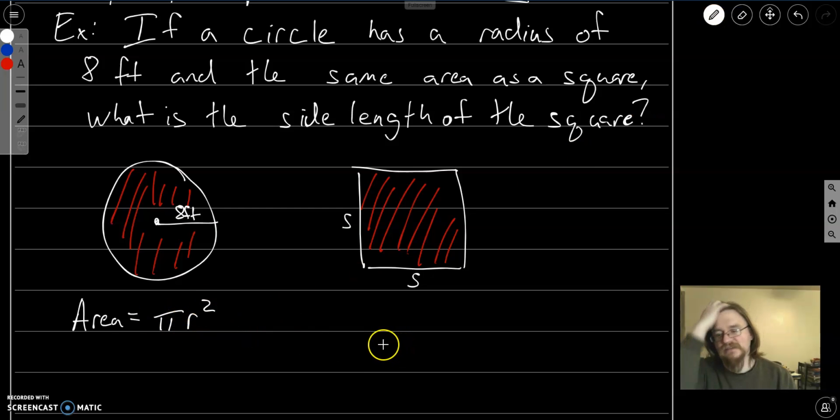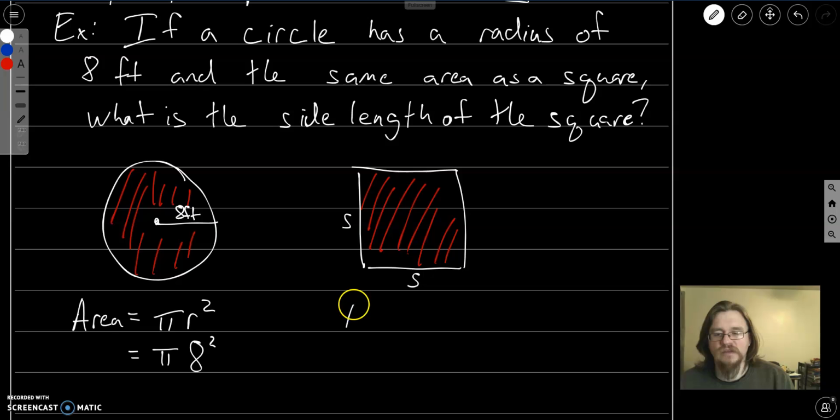It's very easy to get these mixed up, but the area should have this squared term in here for a circle. It's going to be pi times r squared, and r we know is going to be 8 feet. So this is fairly simple. It's going to be pi times 8 squared. And I'm going to leave this alone for a moment. I don't have to plug this into a calculator yet. I'll just leave it as pi times 8 squared.